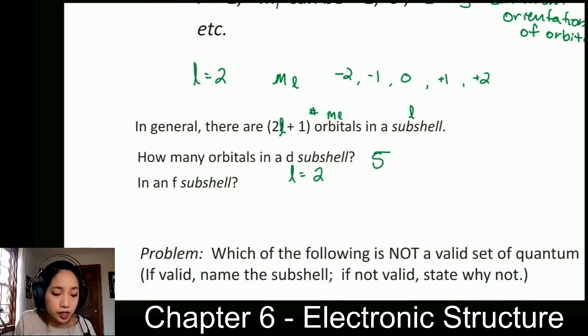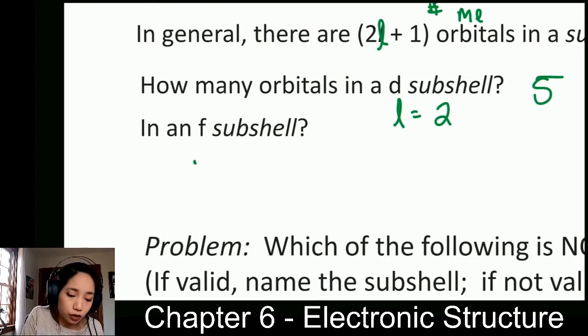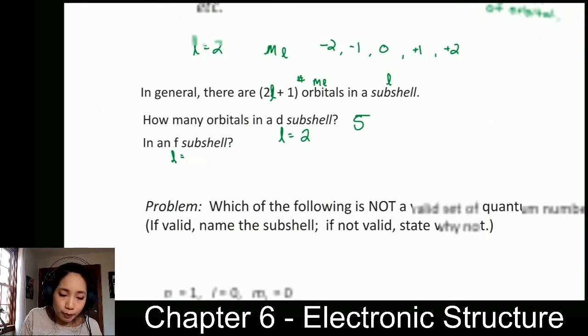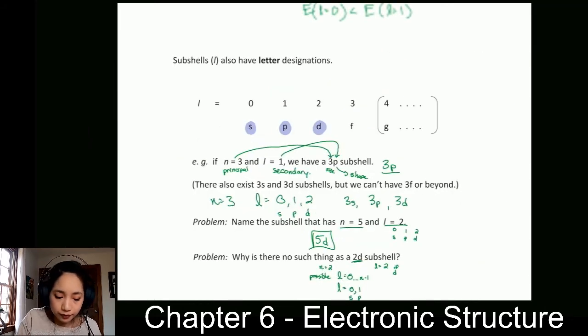So let's do the same thing for an F subshell. An F subshell is a certain L value. If we look back at our key here for L values, we typically only look at these first 3, but let's just do F anyway. So 0, 1, 2, 3. An F subshell is equal to L equals 3.